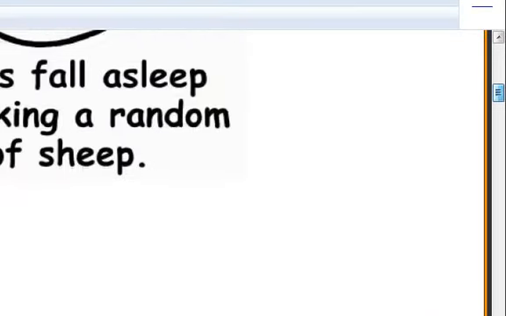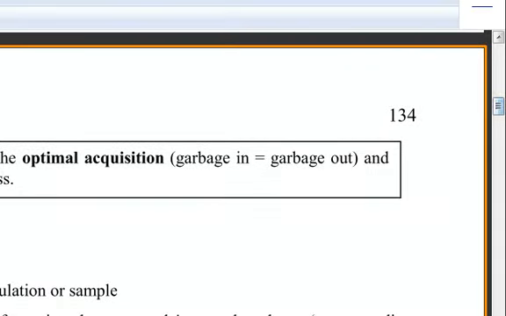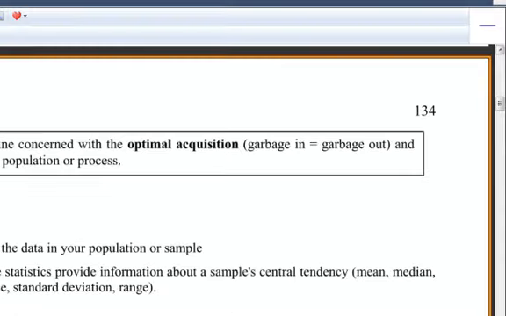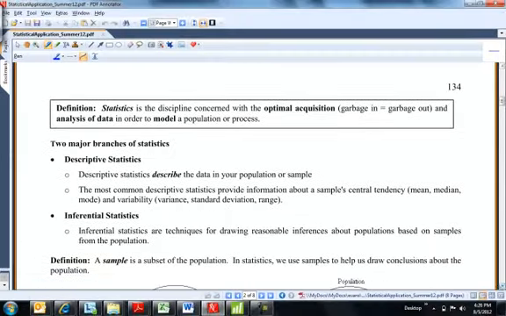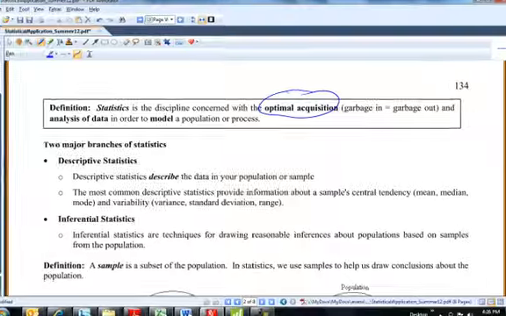So let's come down a little bit. I'm just going to define a little bit about statistics, a little bit of background, and then I want to build a confidence interval. Statistics is a discipline concerned with, this is a big word, optimal acquisition of data. This is not an easy task, getting good random data representative of your population.